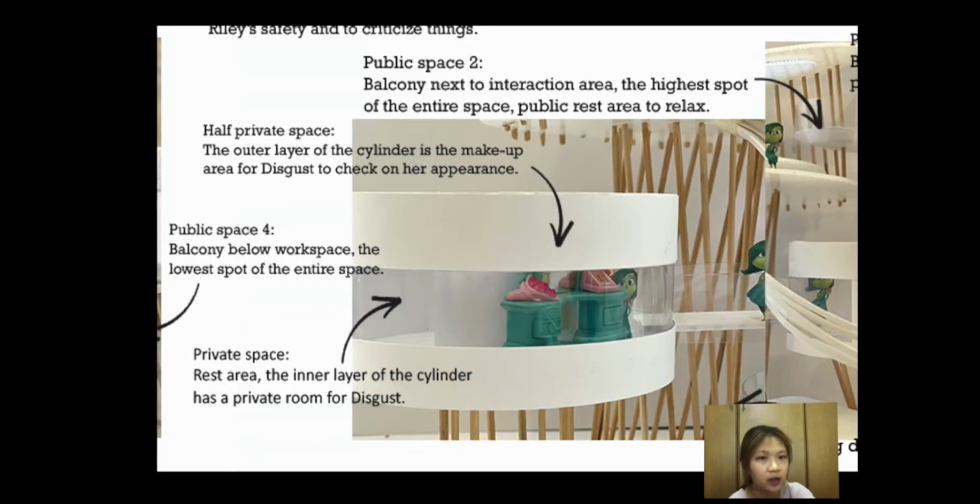So I've designed a half private space surrounding the completely private rest area. It's like there are several layers: the public spaces at the outermost layer, then the half private space in the middle, and then the private space in the innermost layer.